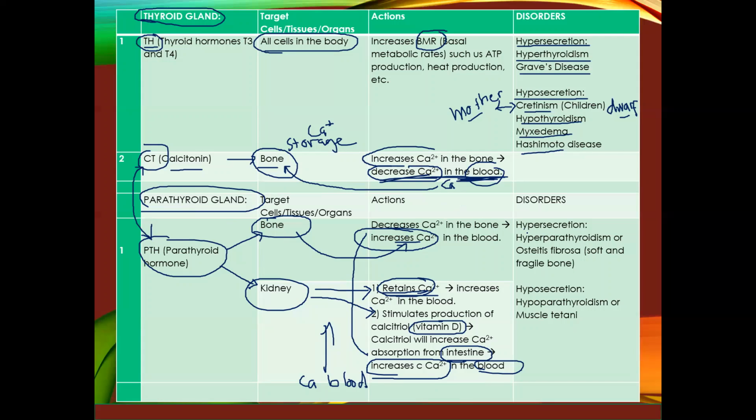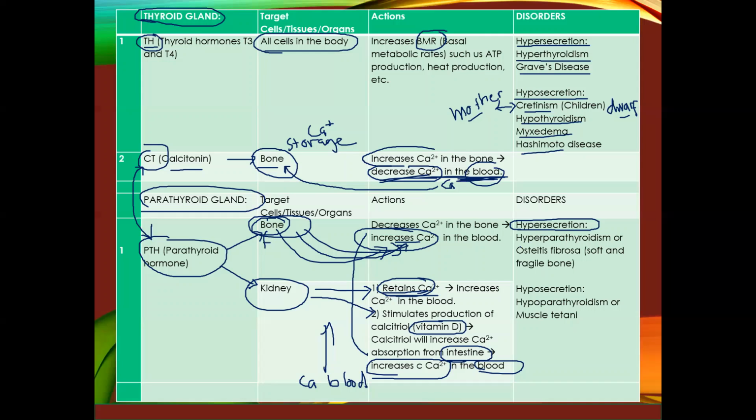Now, what happens if someone produces too much PTH, hypersecretion? Okay, so of course, the first thing that we think about is what happens with the bone. If there is too much PTH, the bone will release so much calcium into the blood, and the bone becomes fragile, becomes weaker.